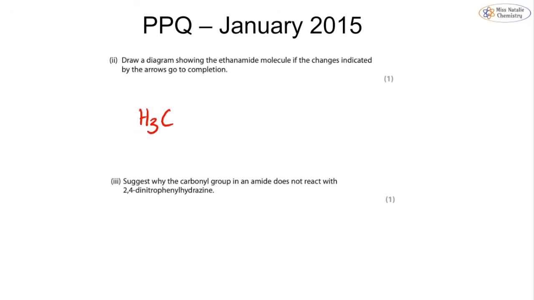Well, we keep our CH3, we had no difference there, but where we had a double bond to our oxygen, we donated that lone pair, so that's going to look like that, whereas the lone pair from the nitrogen was donated in to make a double bond, and we're going to form a positive charge here for 1 mark.